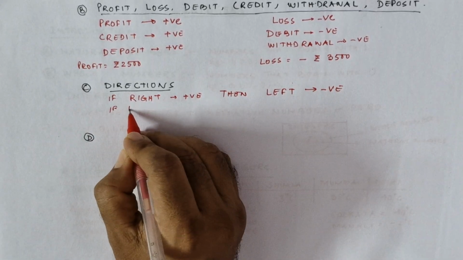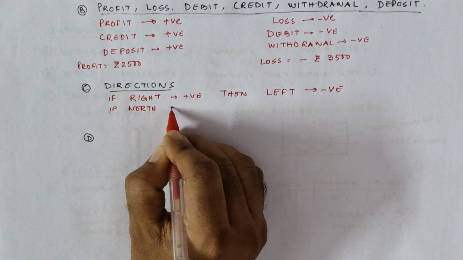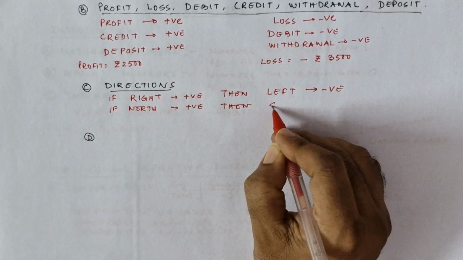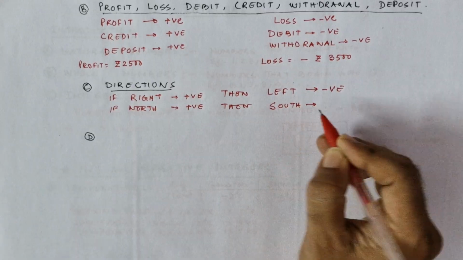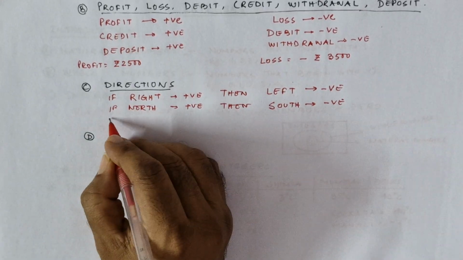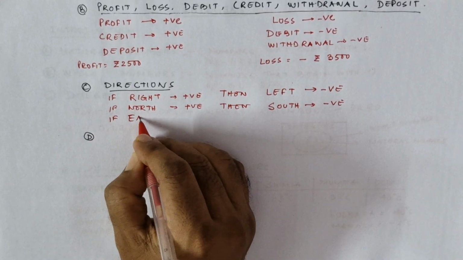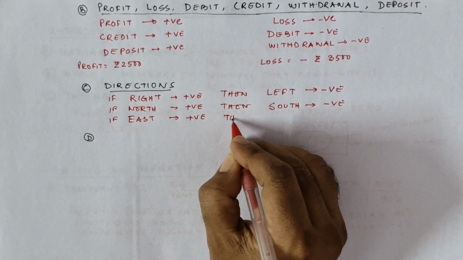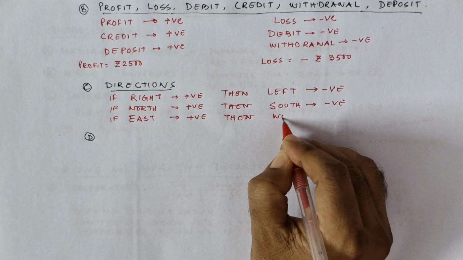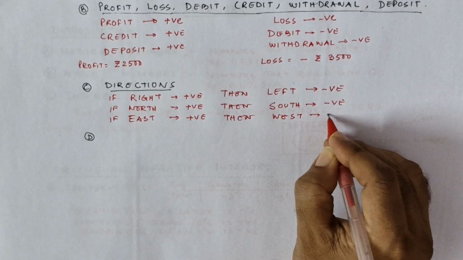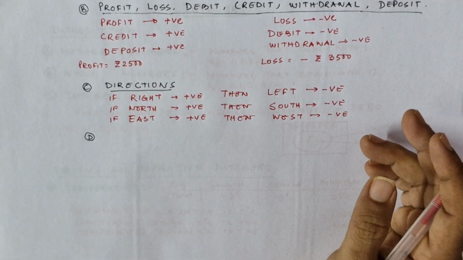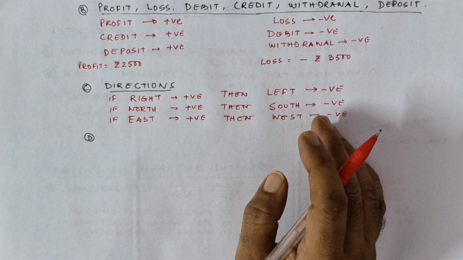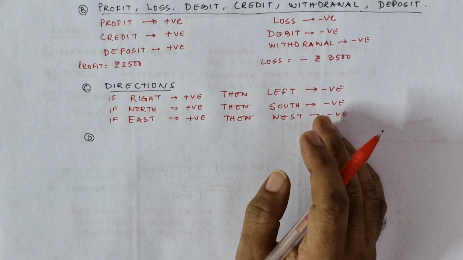So if north is taken as positive, then south will be taken as negative. If east is taken as positive, then west will be taken as negative. Got it? So these are a few examples, and we'll come to the last example.